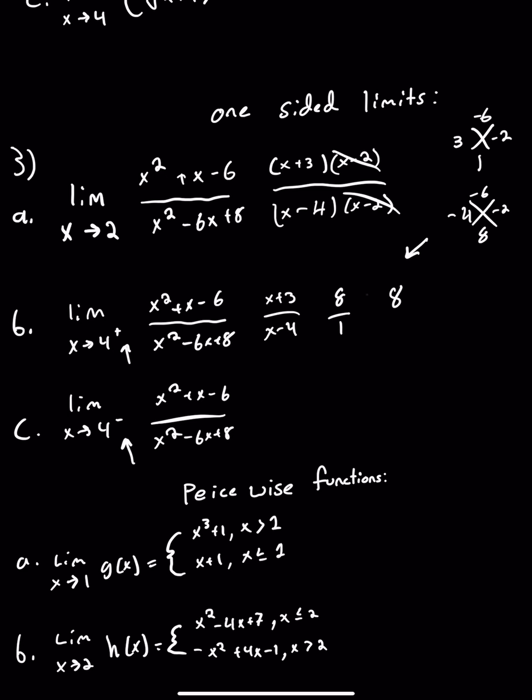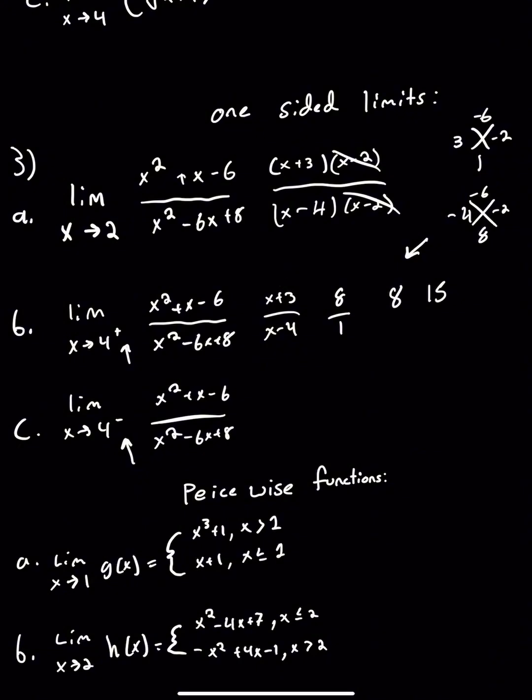And so we know it's going to get smaller and smaller. So now we'll plug in 4.5. 4.5 is going to be 7.5 over 0.5, which is going to be 15.